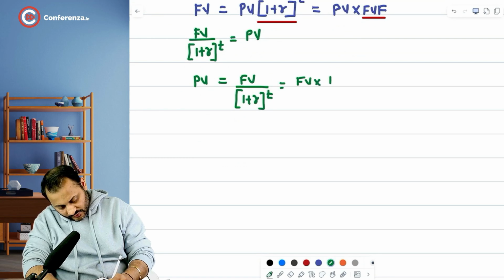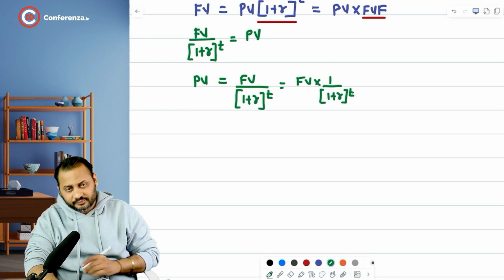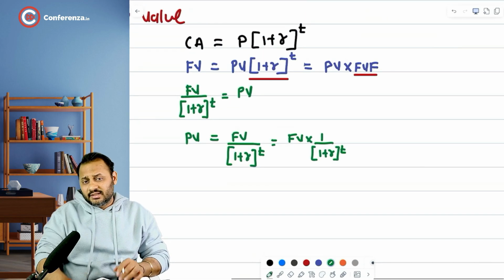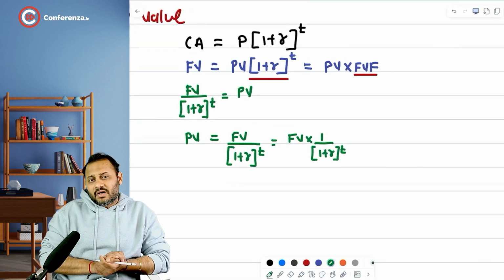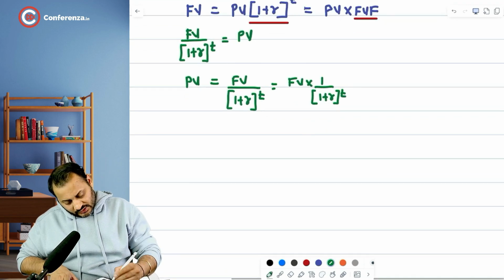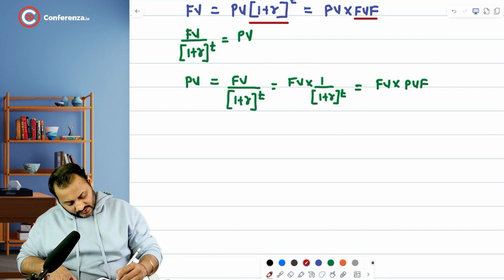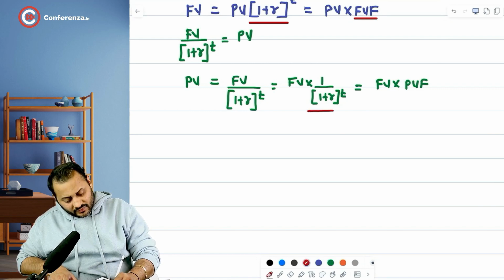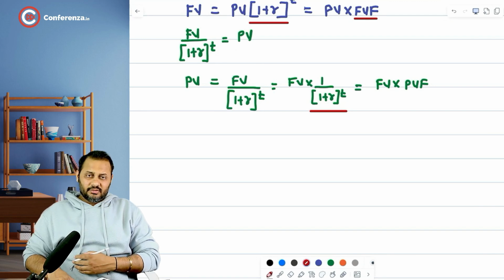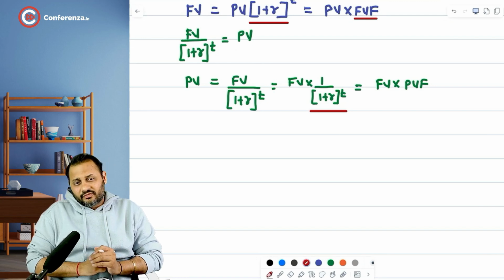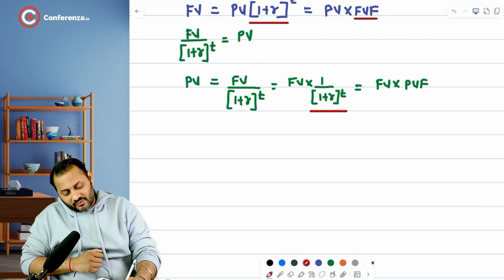Future value into 1 divided by 1 plus r to the power t. Now I can write it like this, future value into present value factor. This 1 plus r to the power t, when it is put in the denominator, when we calculate the inverse of it, it is called present value factor.